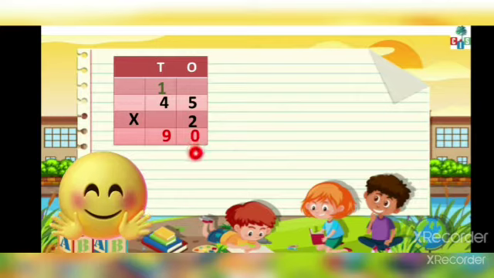So we are writing 0 in ones column and 1 in the tens column. After this, first multiply. 4 multiplied by 2. So 4 twos are 8. 8 plus 1. You will get the answer 9. Okay. Now let us see the next sum.